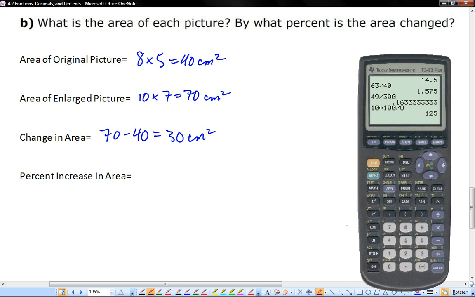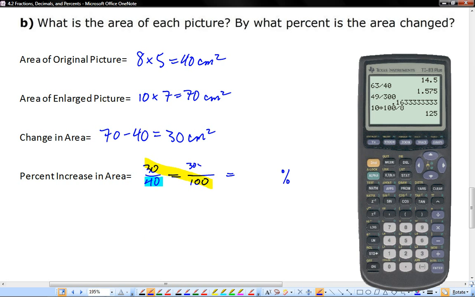So the percent increase in area, comparing that 30 with 40 and changing that into a fraction with a denominator of 100 will give us the percent. And so now 40 doesn't go into 100 very easily, but what I can do is I can cross-multiply the two numbers that I know that are diagonally across from each other, divide by the third number in the proportion.